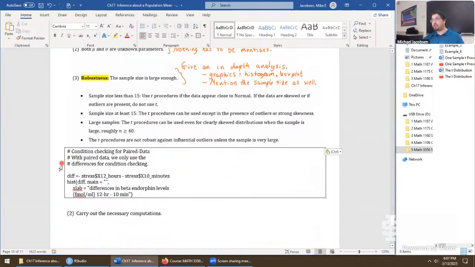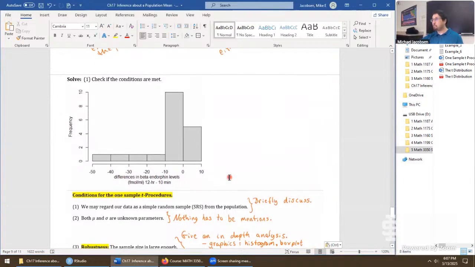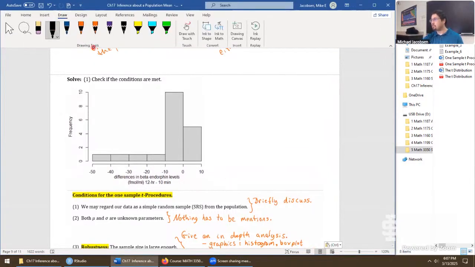I had just a couple more comments about paired data. We're noticing that the data is, let's say right now, strongly left skewed. That's not enough to say it doesn't meet the requirements for the conditions of the one sample T procedures.